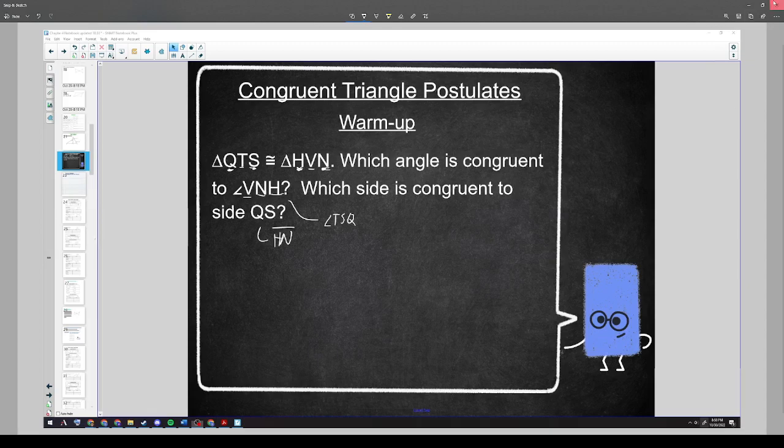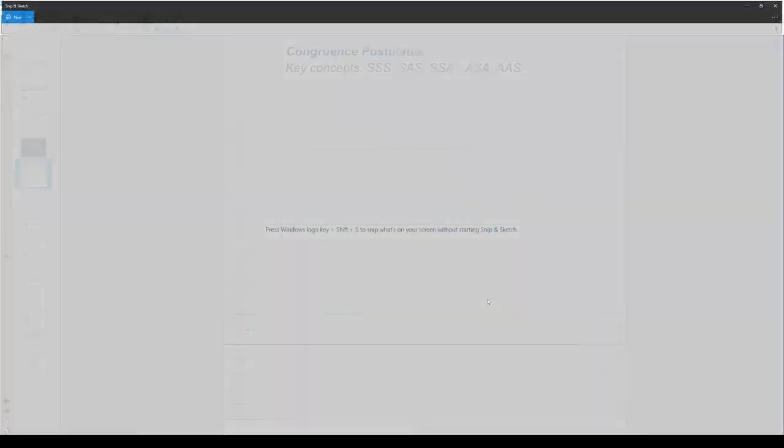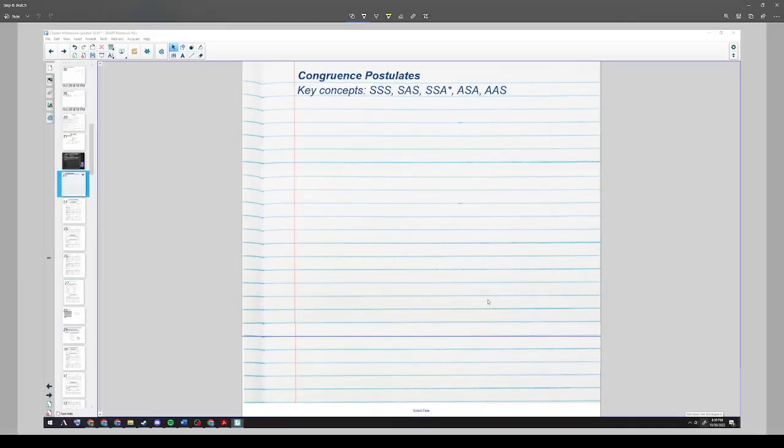All right, so we're going to talk about the five postulates we can use in proofs to talk about triangles being congruent. So if we're trying to prove that two triangles are congruent, these are the tools that we have. These are tools to prove triangle congruence.